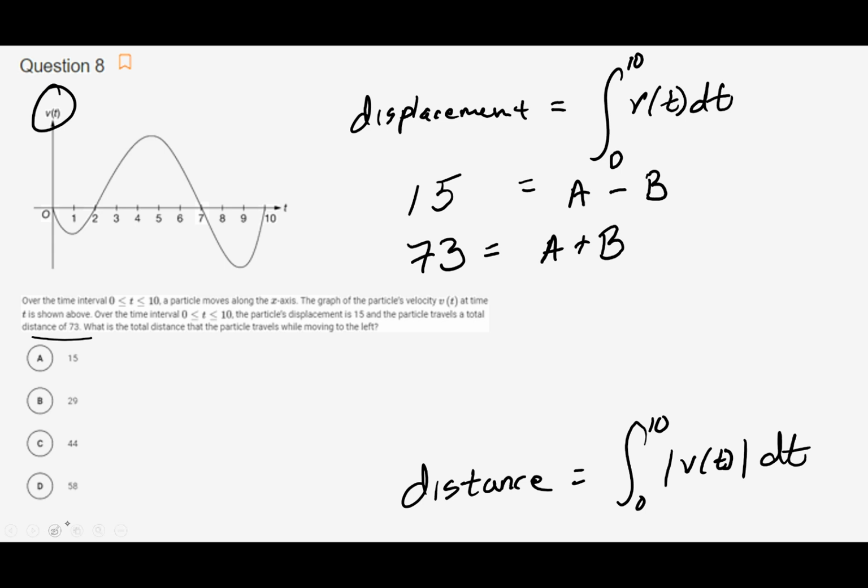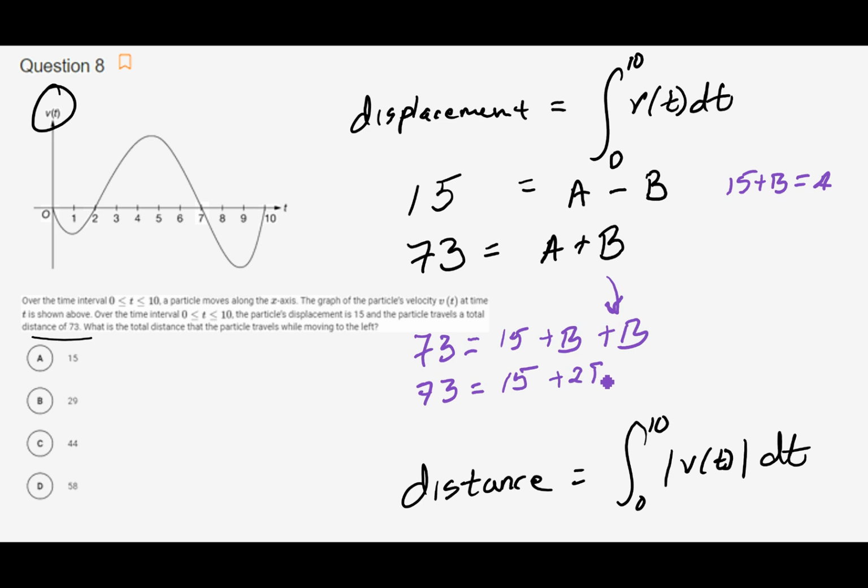Now this becomes a system of equations. Okay, so if I set this up, I could say, well, 15 plus b is equal to a. So I'm going to use that down here. So I'm going to say 73 equals 15 plus b from up here. So 73 equals 15 plus 2b.